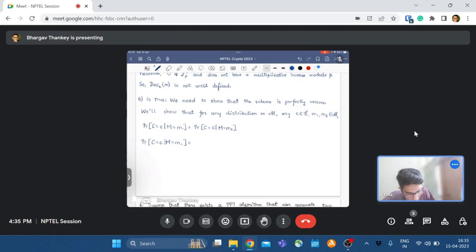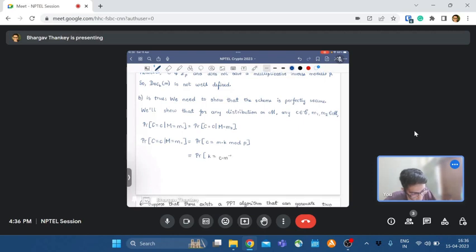This is the probability that C is equal to M times K mod P. Now since M is in ZP cross, recall that in option B, K is in ZP cross, but K, M, and C are all the same.